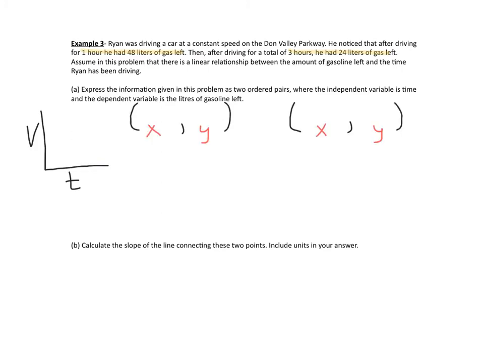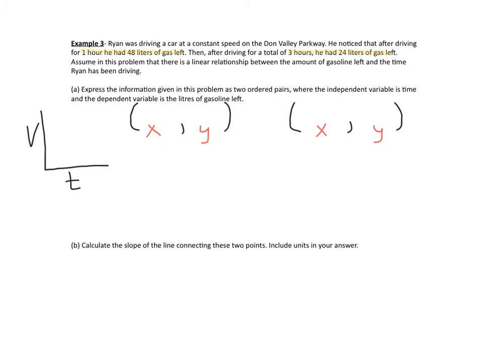So remember, in coordinate pairs, your first value needs to be an x value, or whatever information is plotted on your x-axis. So for us, we know that that has to be a value for time. And the second value is a y value. And on our y-axis, we know that that was the volume of gasoline left over in the car.